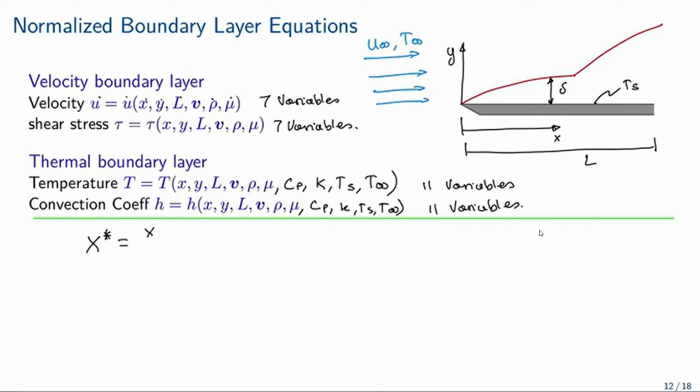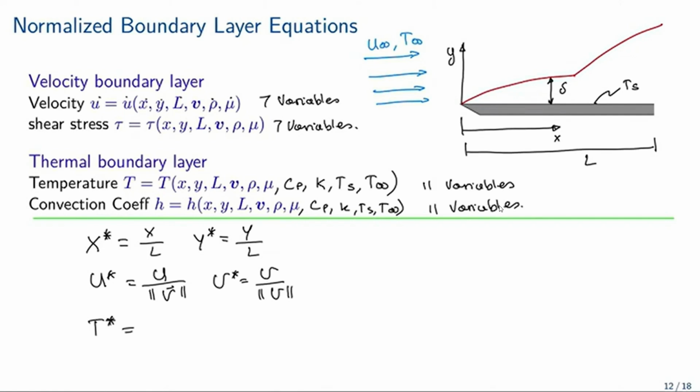The x star represents the dimensionless variables, and it is defined as x star equals x divided by L, the total length, and y star equals y divided by L, and the dimensionless velocity u star equals u divided by the magnitude of V. Now the temperature: we already defined T star as the dimensionless temperature, T star equals T of y minus Ts divided by T infinity minus Ts.